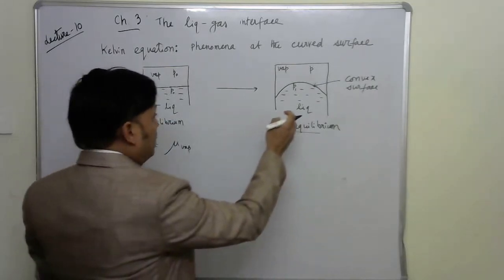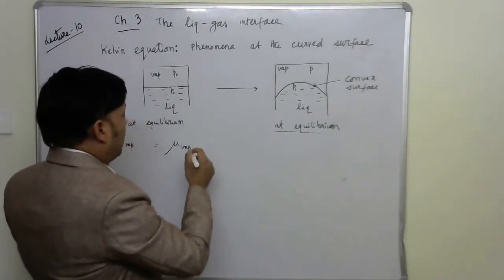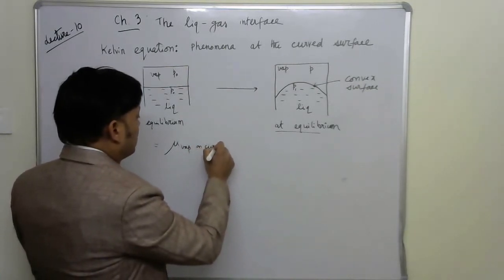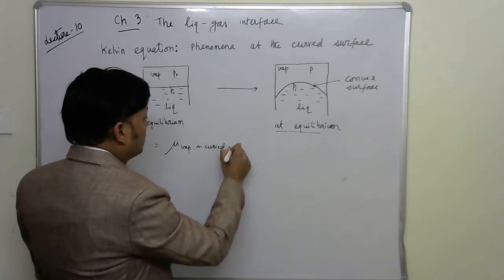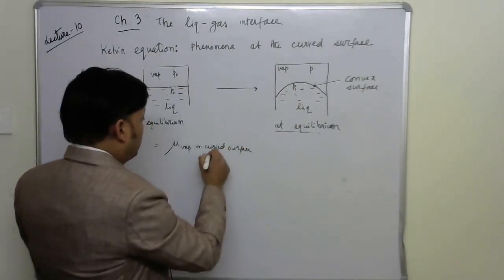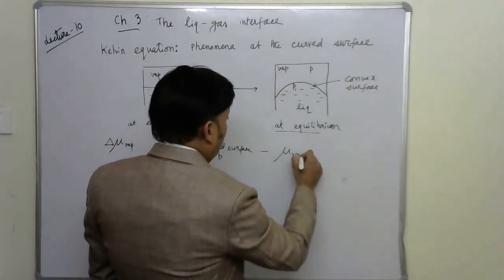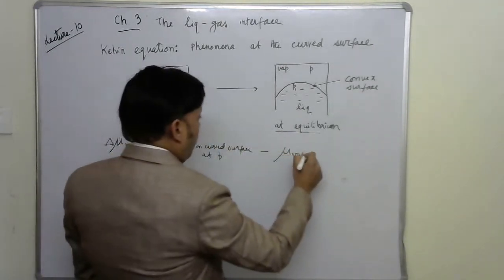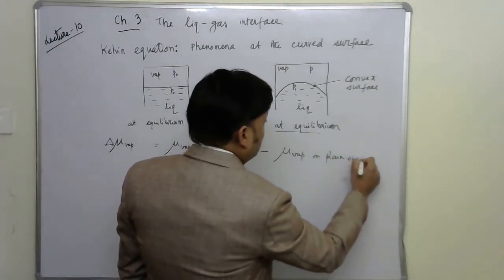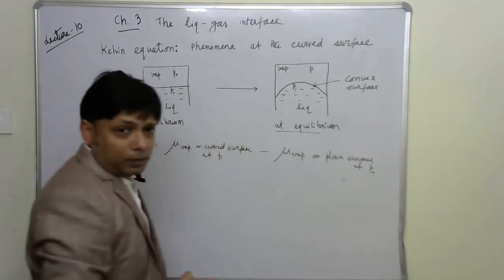Final is here, so that is mu vapor on the curved surface, or above the curved surface, which is at the pressure P, minus mu vapor on the plane surface, which is at the pressure P0. All right.